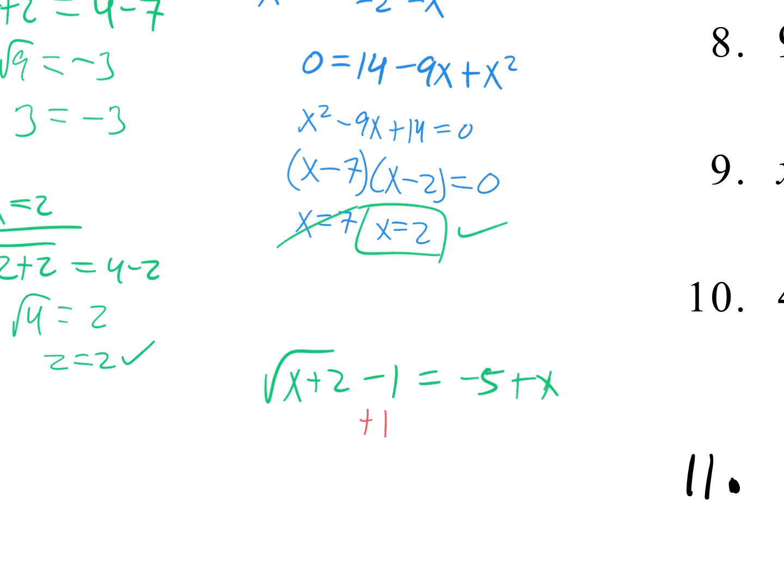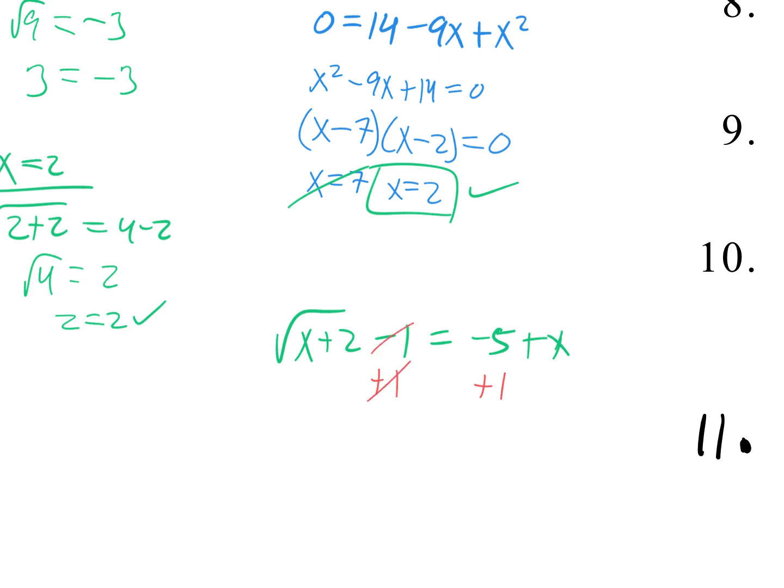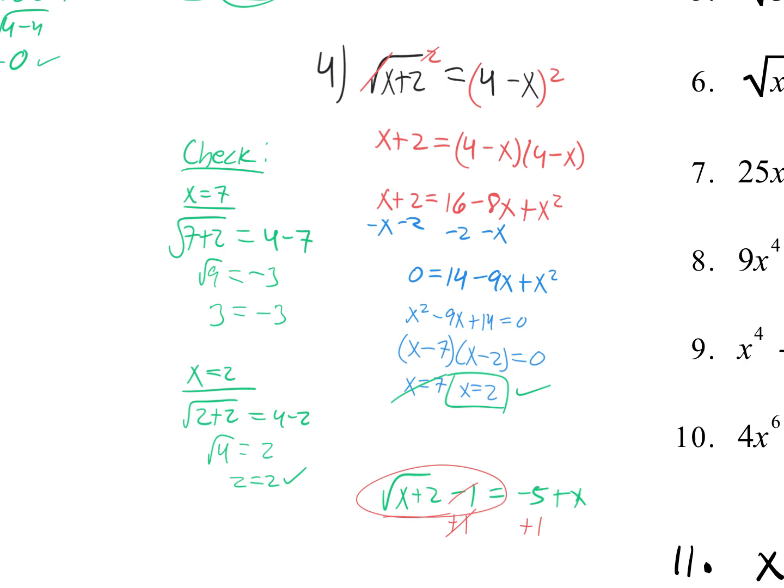Okay, let's add the 1. We're not going to solve this because we just did it. But that's what you want to do first. When it's written like this, you can't square it yet. So you have to clear whatever is next to the radical first so that you're able to square it, because once you square it, you get a quadratic equation.